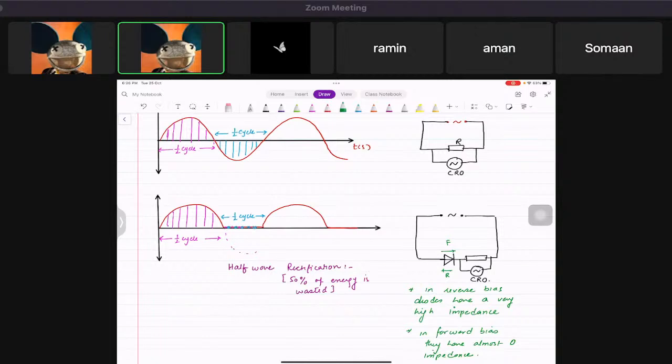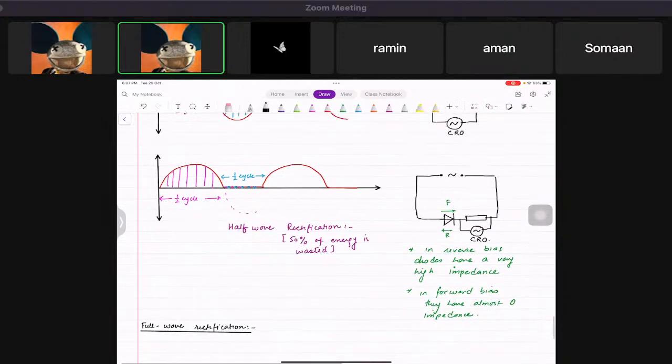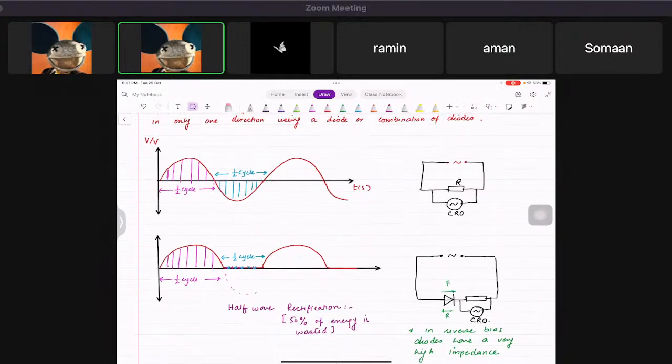What we aim to achieve is full wave rectification. That's what we need. Full wave rectification means that, I'll just copy the upper one, I want to draw it again and again.